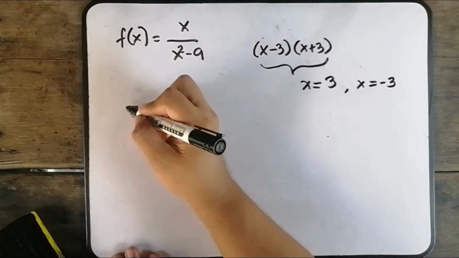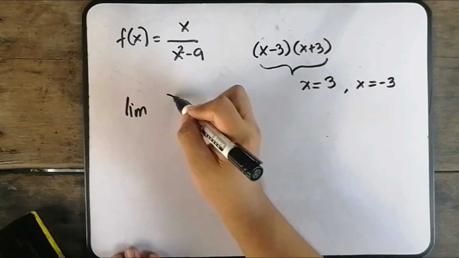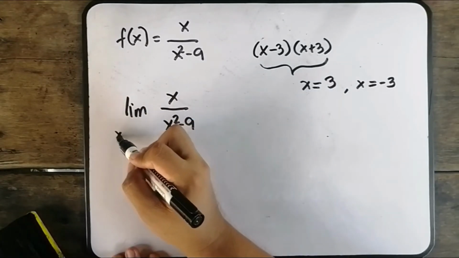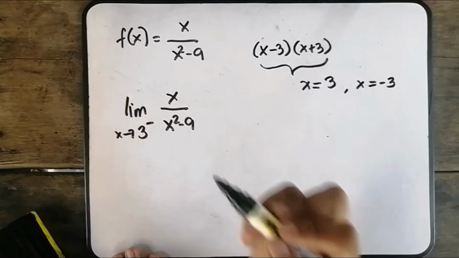So, first, we will find the limit of x over x squared minus 9 as x approaches 3 from the left.